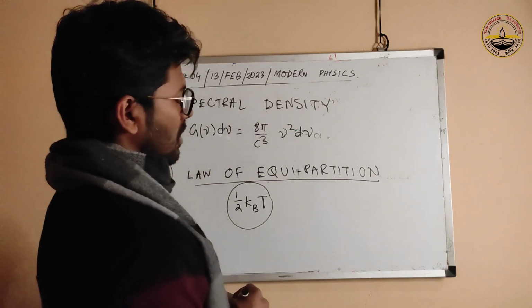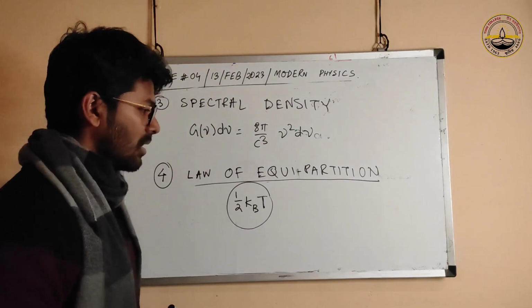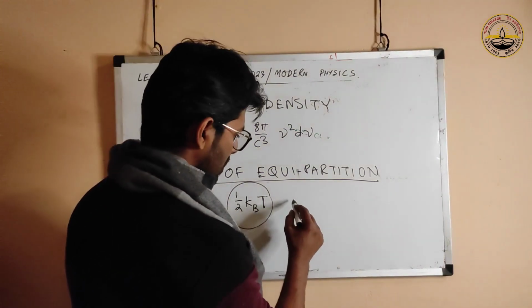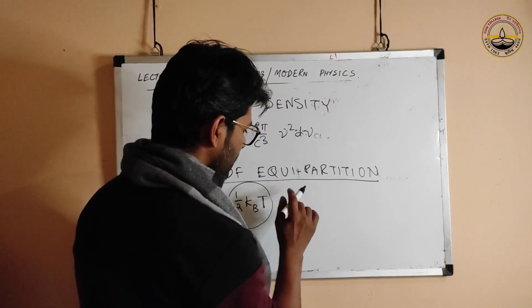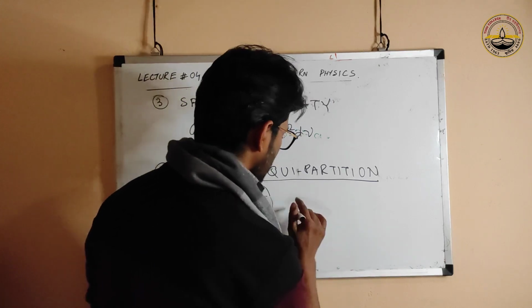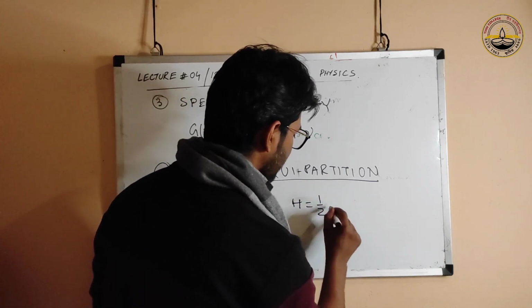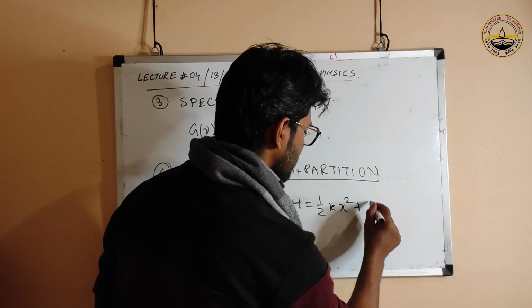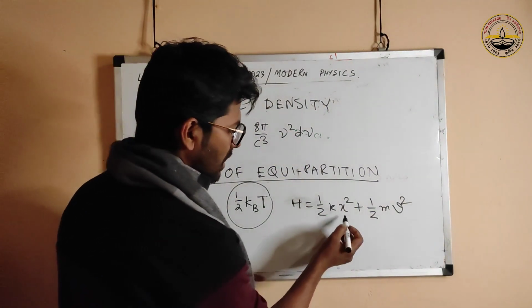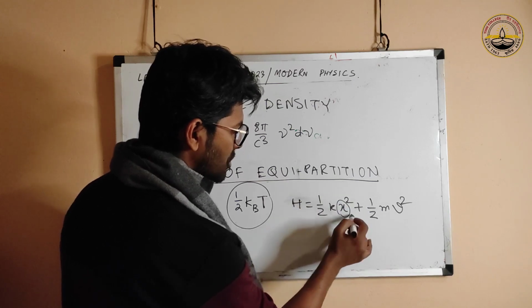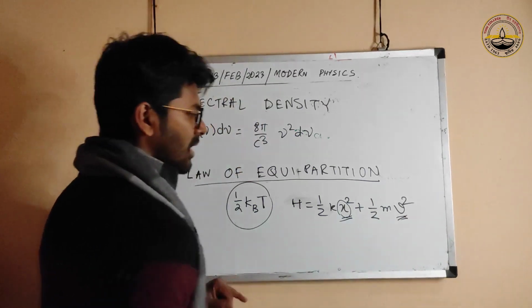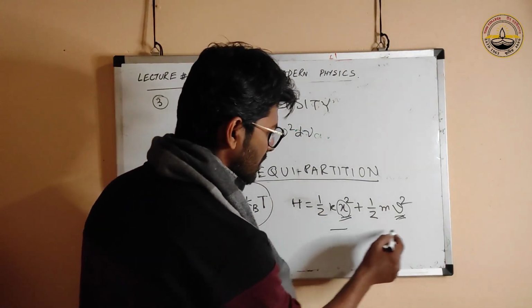Now, here's the thing. A harmonic oscillator has 2 degrees of freedom. Its energy can be written down as half k x squared plus half m v squared. Its position is in quadratic form, its velocity is in quadratic form, and therefore it has 2 degrees of freedom.